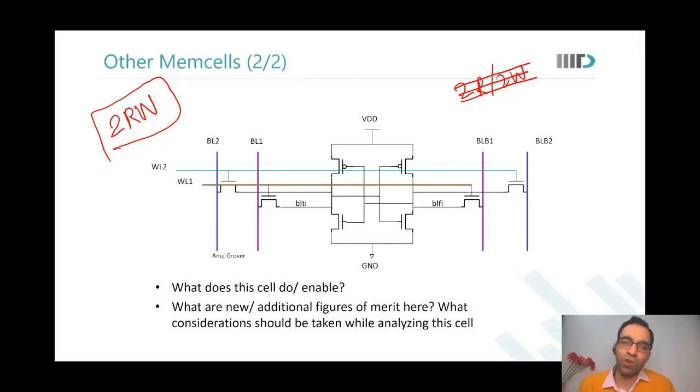What would be the worst case for write operation? Both word line 1 and word line 2 are on with different values of BLs. Yes. So from one port, I'm simply keeping the precharge on. Okay, the precharge is on, but word line 2 is on.